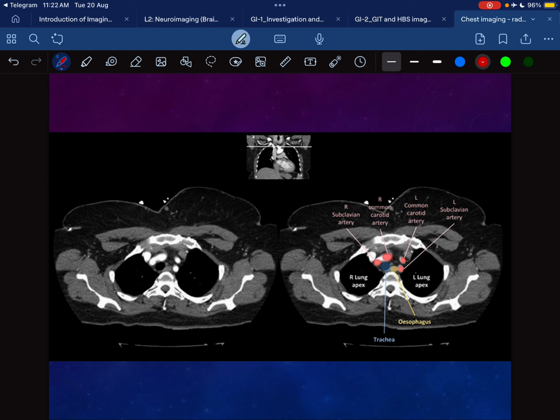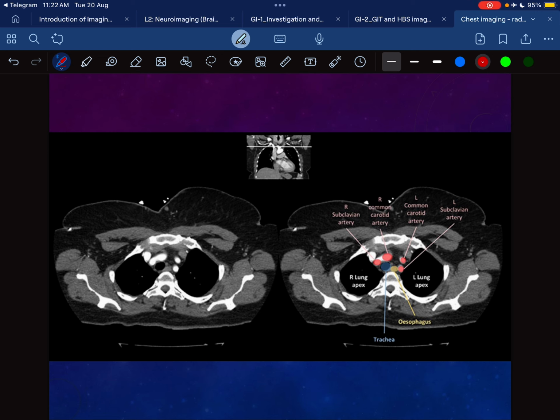Here we can see the brachiocephalic artery or innominate artery, which gives a branch to the right subclavian, right common carotid, then left common carotid and left subclavian. The black things is air. So this is the trachea, this is the right lung and left lung.